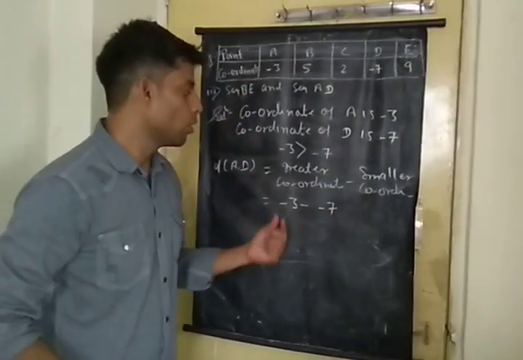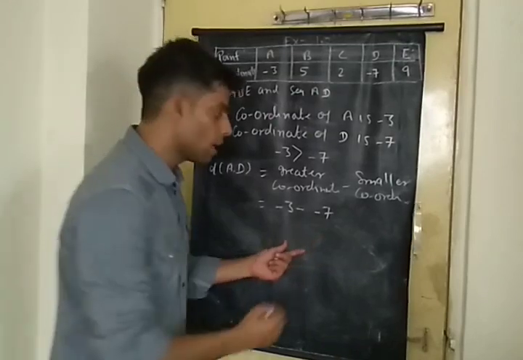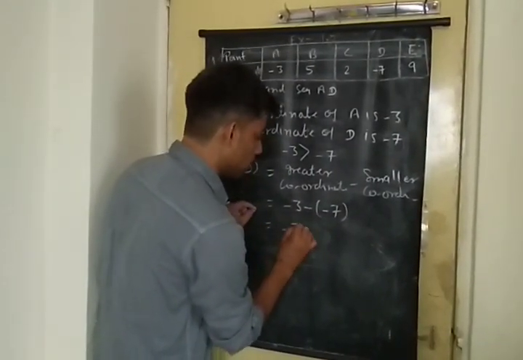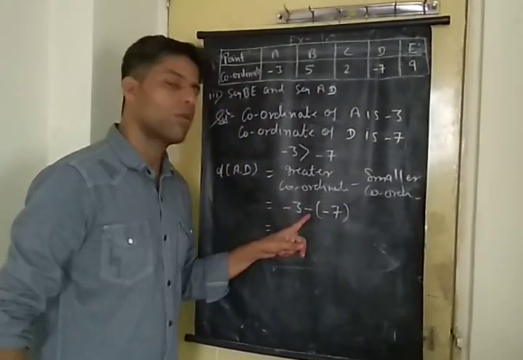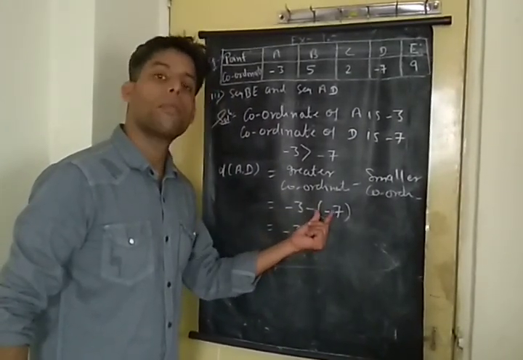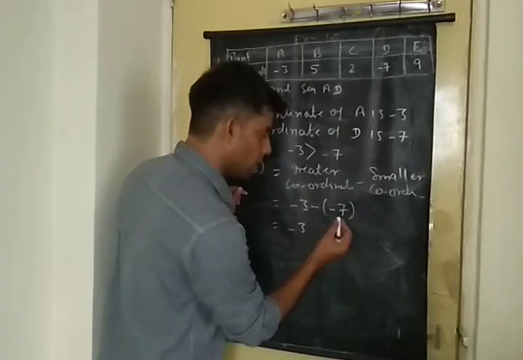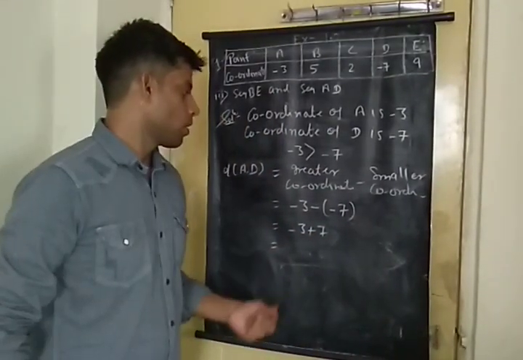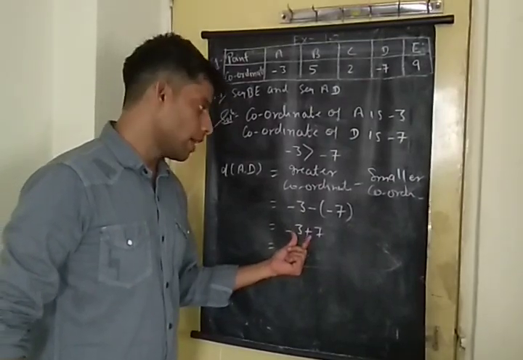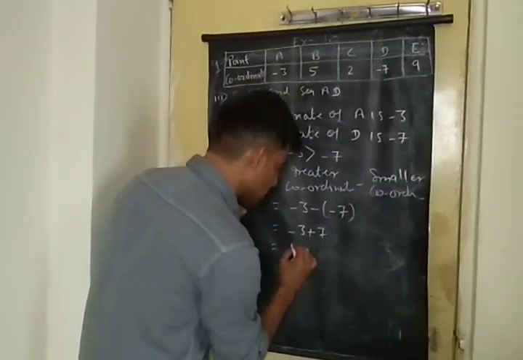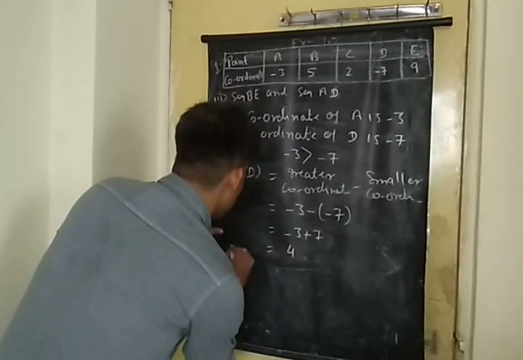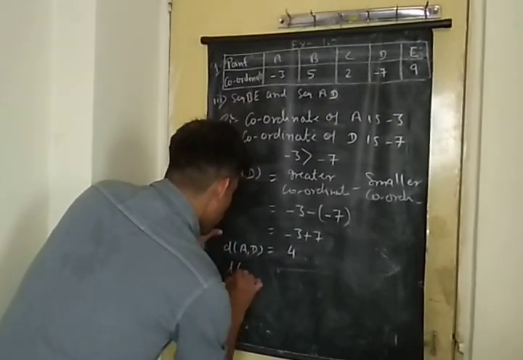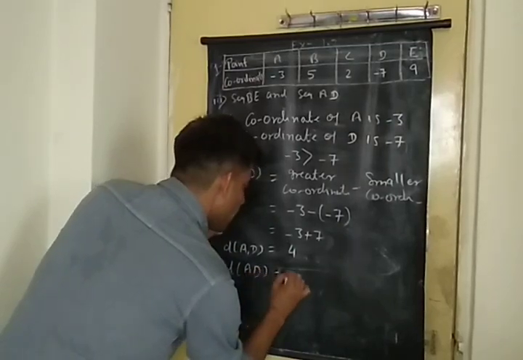As I told you, whenever two minus signs are together, use a bracket to separate them. Now solving further, minus 3. Since the minus is outside the bracket, the sign of the number inside the bracket will change and this will become minus plus. Now minus 3 plus 7, solving it for plus minus, minus sign of greater number. So we'll get distance of AD as what? 4. Converting into length, length of segment AD becomes 4.